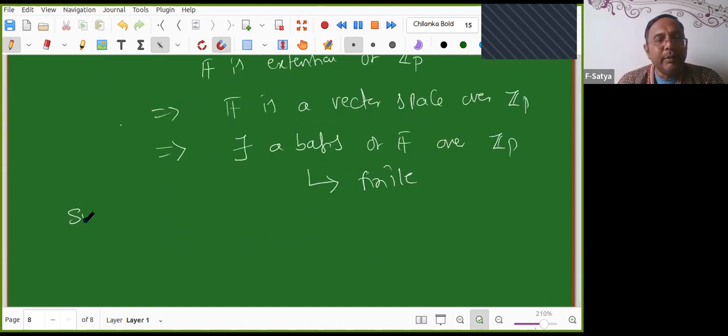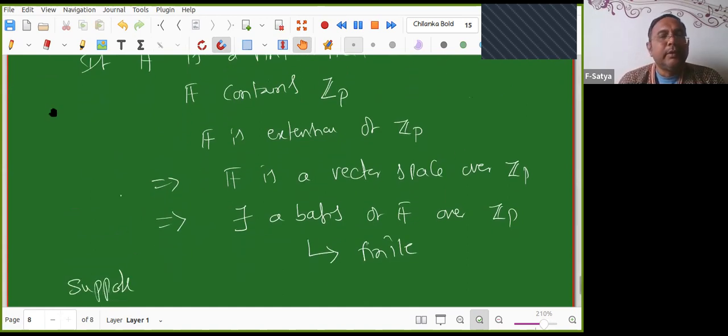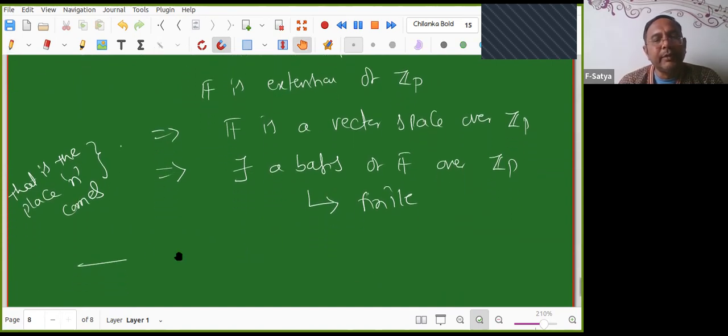Suppose that from there this n comes; that is the place. Let me write that so that it will be clear later. So in a movie, the hero enters at some stage, the heroine enters at some stage.